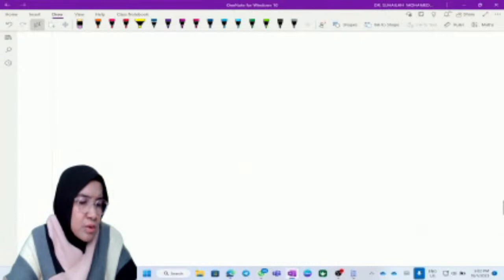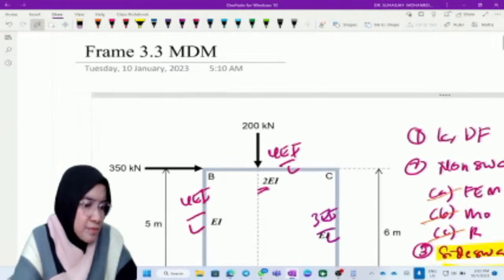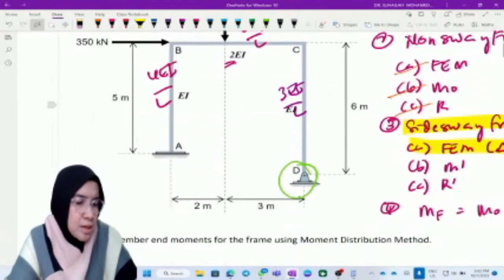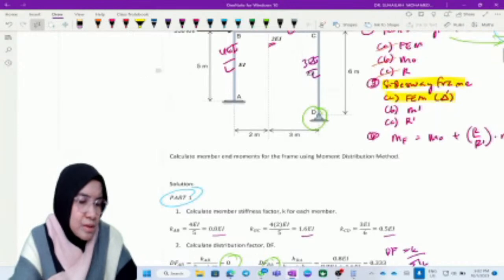Is this a UDL? Point load or UDL? It is actually a point load only. Okay, point load only.